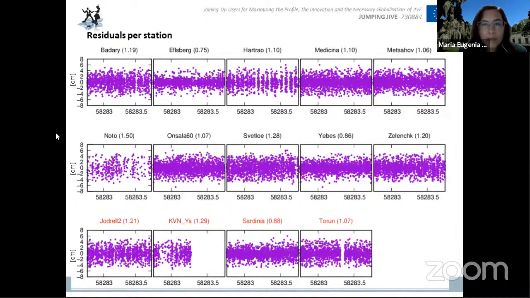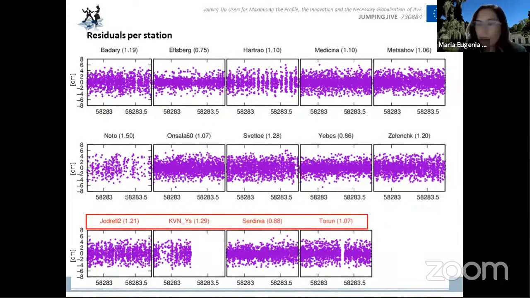And what we can say from this is that we don't appreciate any difference between the non-geodetic telescopes and the others with respect to residuals, so they are at the same level. These are the 4 non-geodetic ones. They are all at the level of the centimeter.